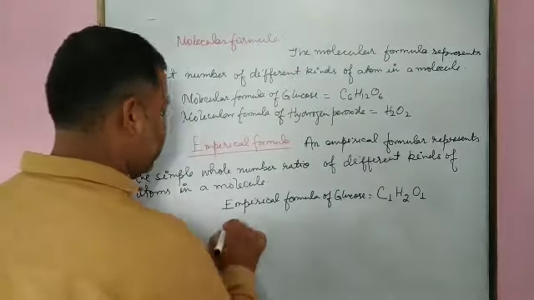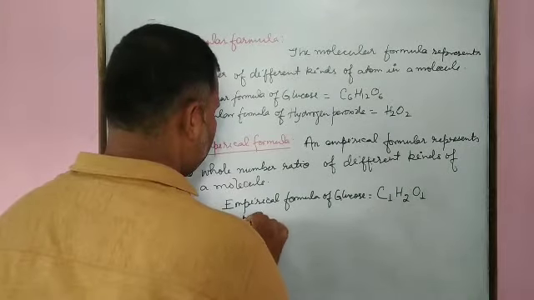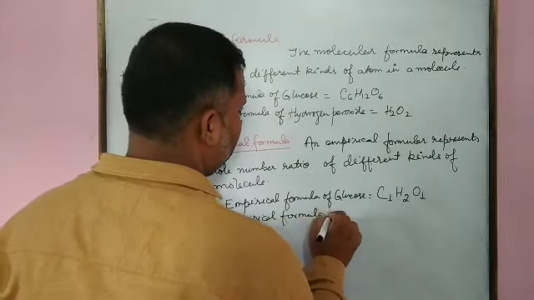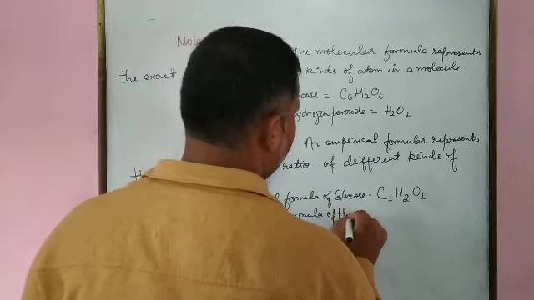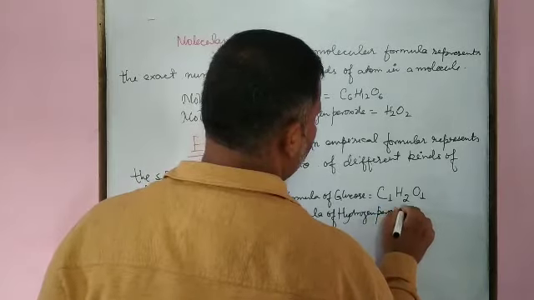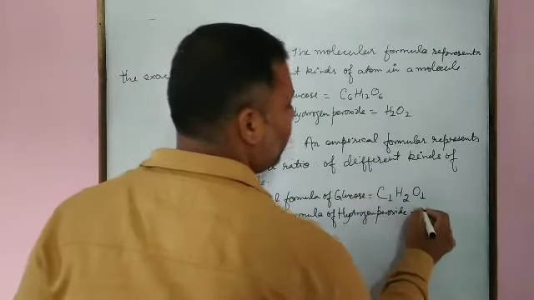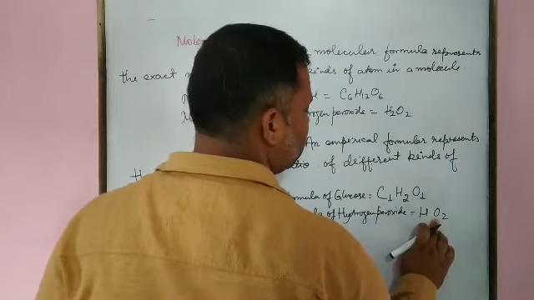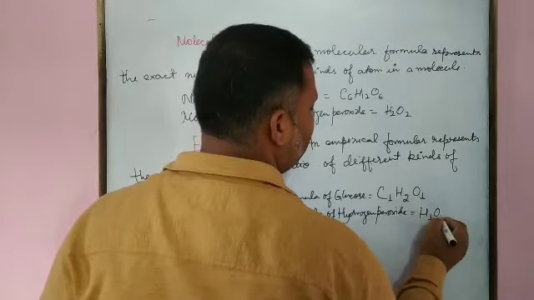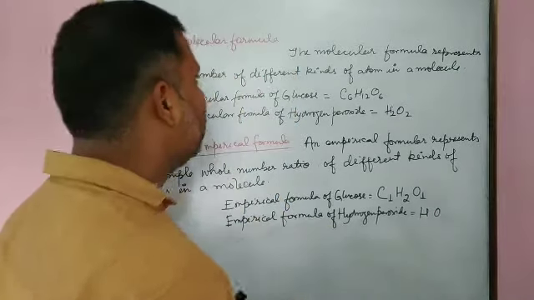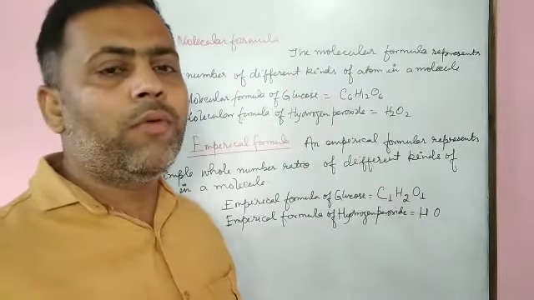But what is the empirical formula of hydrogen peroxide? We have H2O2. When we simplify it, we get H1O1, or we can simply say HO. This is all about the molecular formula and empirical formula.